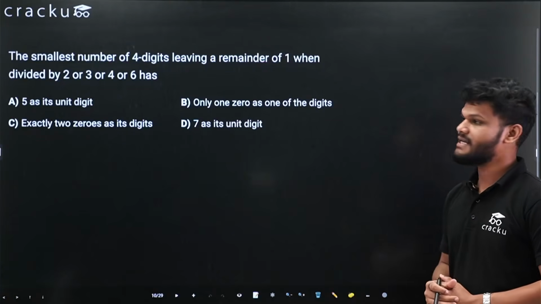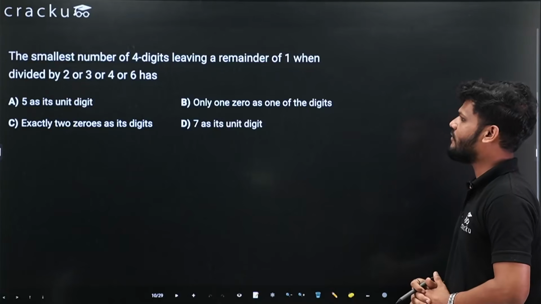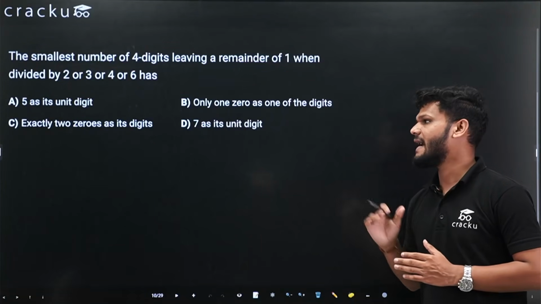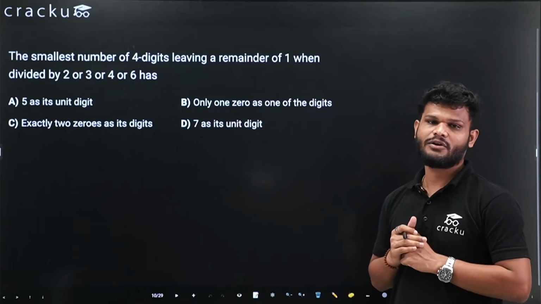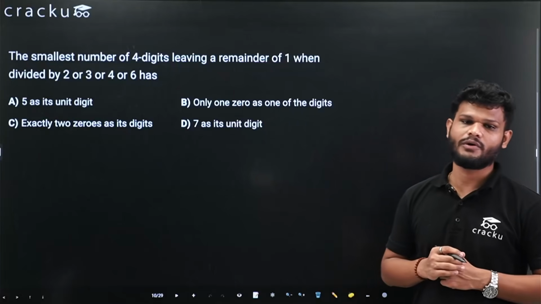In this question we are asked: the smallest number of 4 digits leaving a remainder of 1 when divided by 2 or 3 or 4 or 6 is what? So we need to find the smallest number which leaves the remainder of 1 when it is divided by 2 or 3 or 4 or 6.